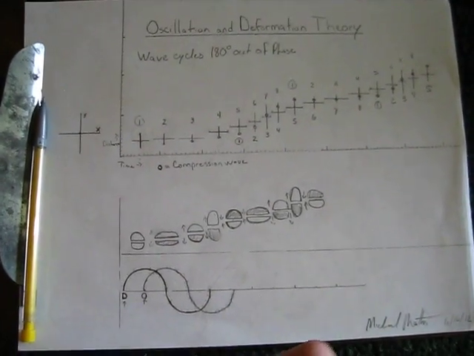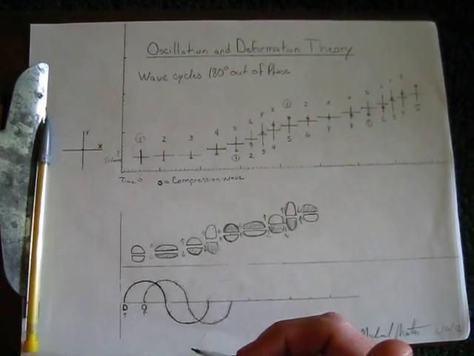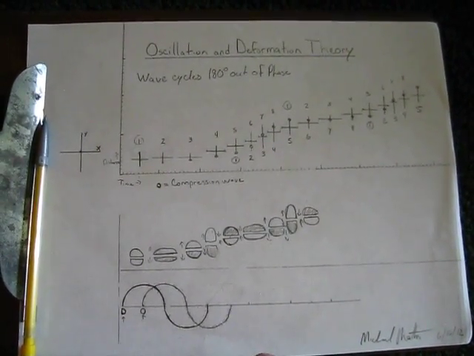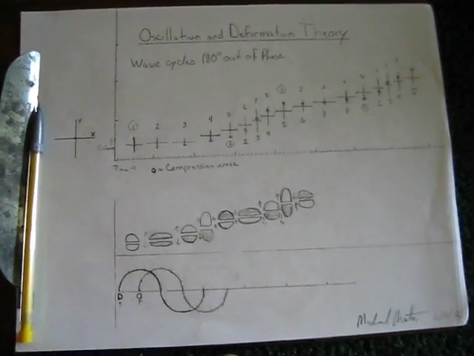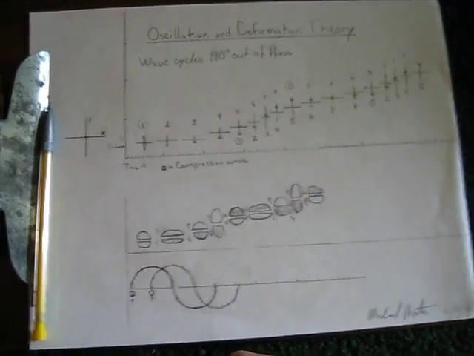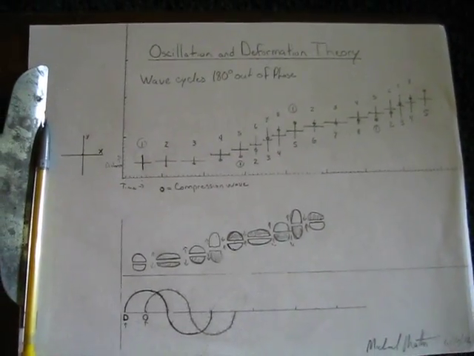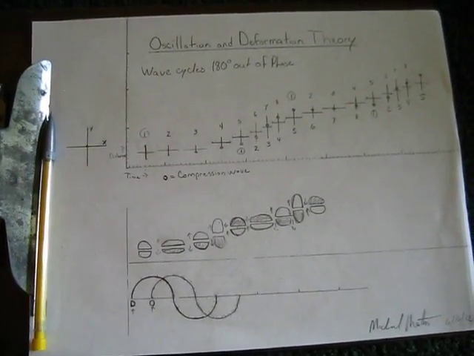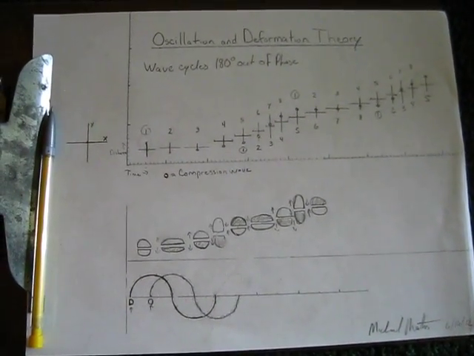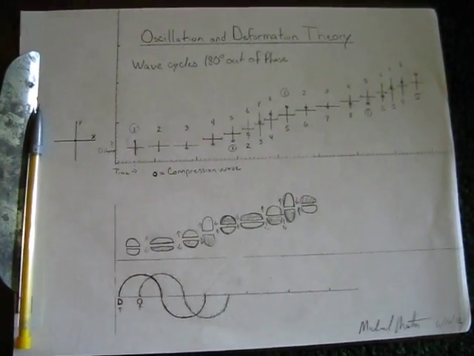Another thing is that Einstein's equation actually mentioned an object gaining mass. I'm not really sure why he said that as it accelerates, but I thought it was interesting that the equations I was working on predicted that the object would lose volume and gain density as it accelerated, and that it would not be able to move past a certain point of speed because it would become too dense.